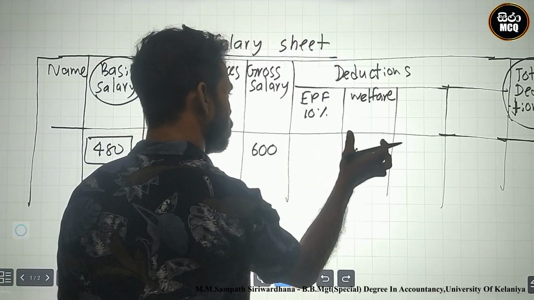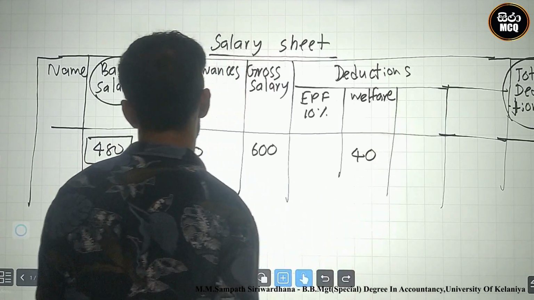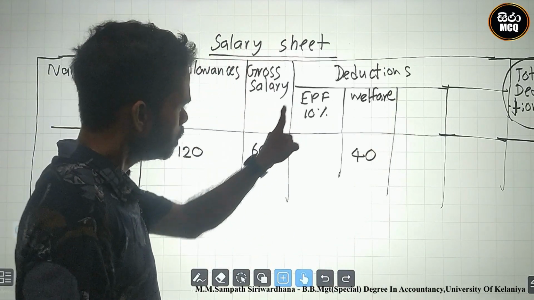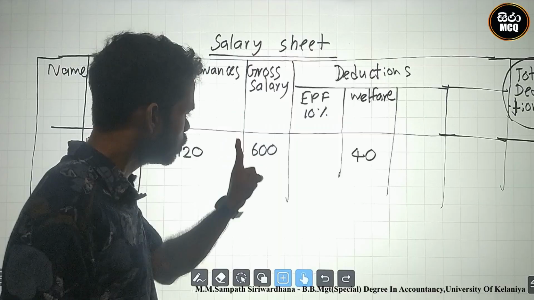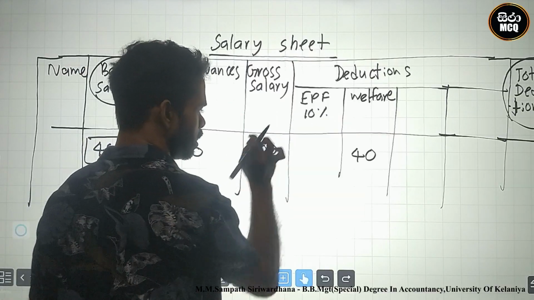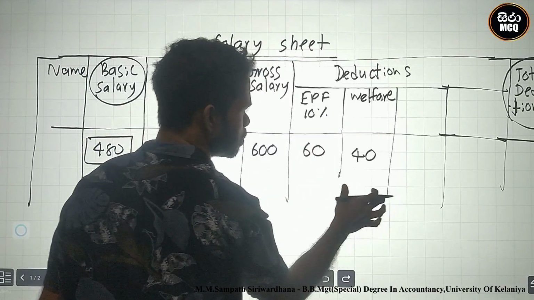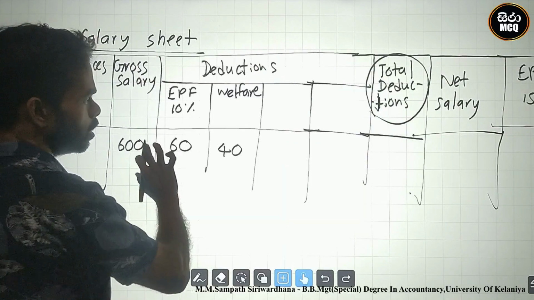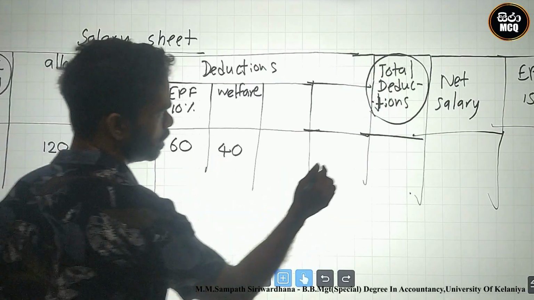Therefore we can find all the percentages. There are no other deductions. The 10% is based on gross salary. 600 at 10% is 60. Therefore the total deductions are 60 and 40, which is 100.